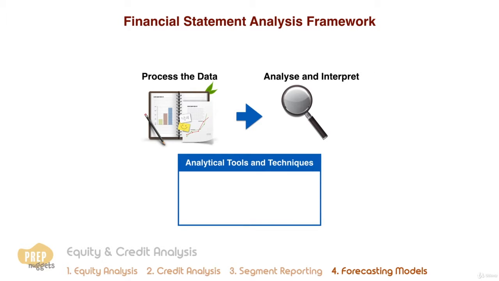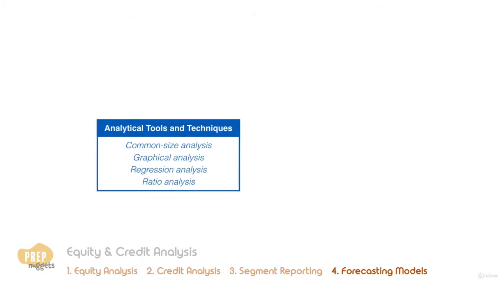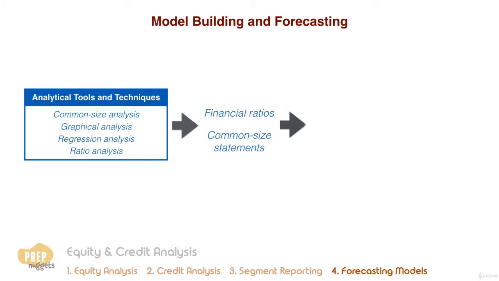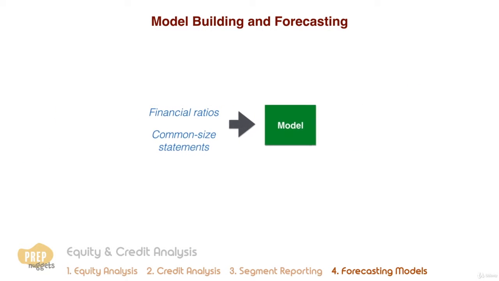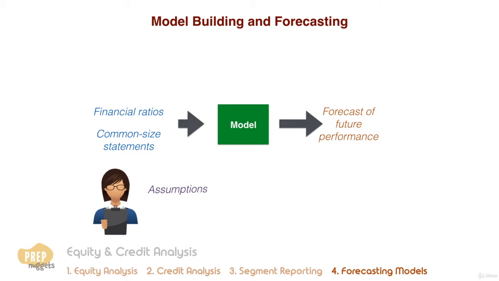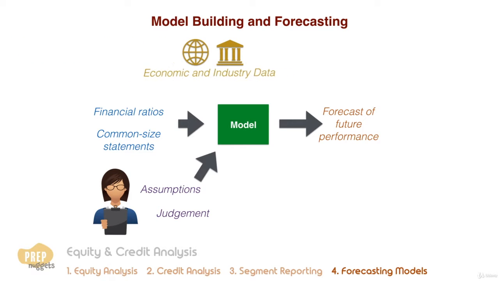These include common size analysis, graphical analysis, regression analysis, and ratio analysis. The results of an analyst's final analysis, including ratio and common size analysis, are integrated with other data to build a model to forecast future performance. Such data include the assumptions and judgment of the analysts, and economic and industry data.